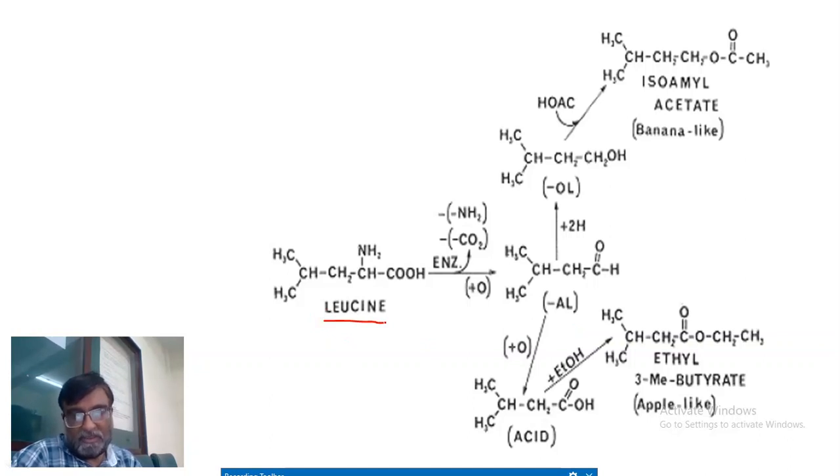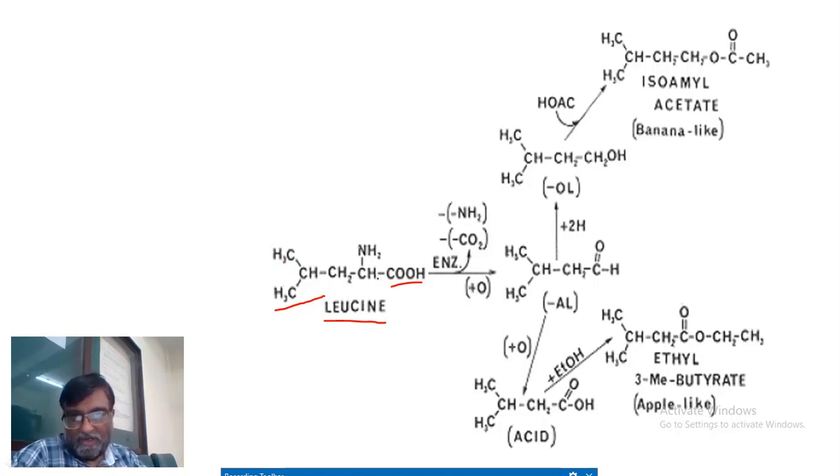We have already seen the structure of leucine when delivering the lectures on proteins and amino acids. So leucine has a branching. On one end COOH, on the other end NH2, and the R group comprised of CH2, CH, and the branching of CH3CH. Right? This is leucine.